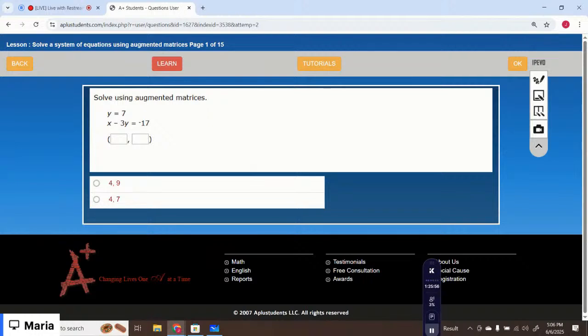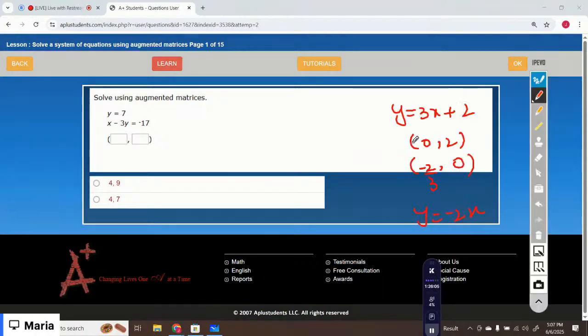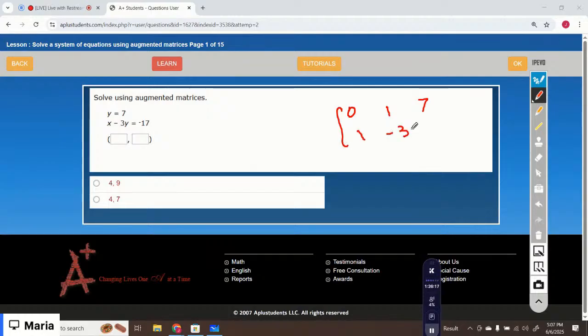Using augmented matrices, y equals 7, x minus 3y equals 9. So let's rewrite this equation as a matrix. x is 0, y is 1 and 7. Then we have x is 1, y is -3 and 9.